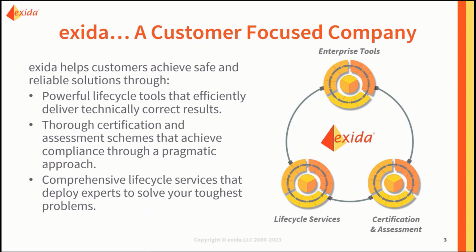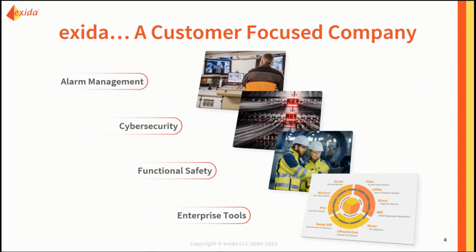We also have a certification team that does FMEDA analysis on devices used across industries for safety instrumented systems. Our CERT team also certifies personnel, so we have our CFSE and our CACE programs that would help you get certified. Again, in this way, we're focusing on alarm management, cybersecurity, and functional safety, among others.